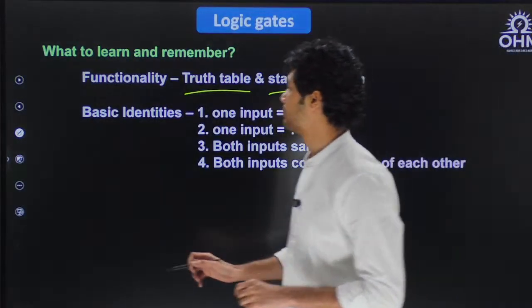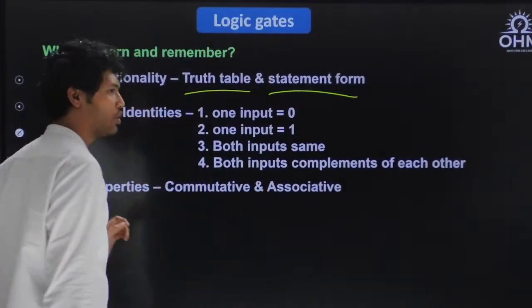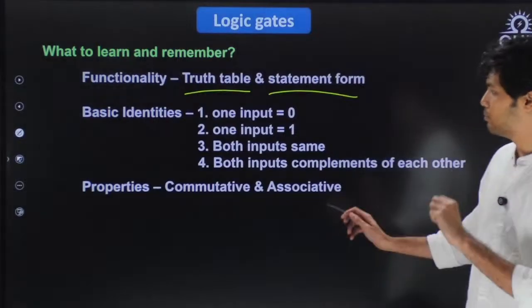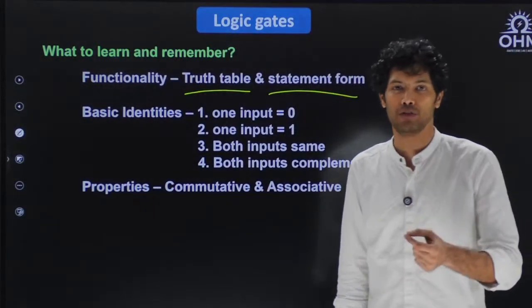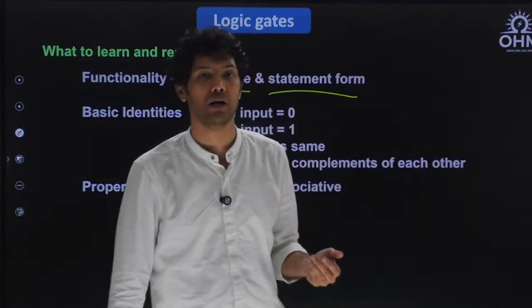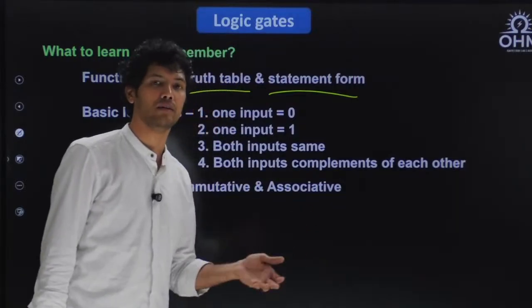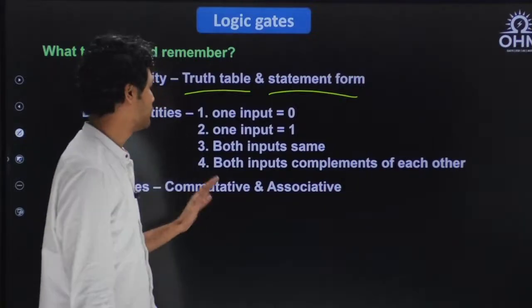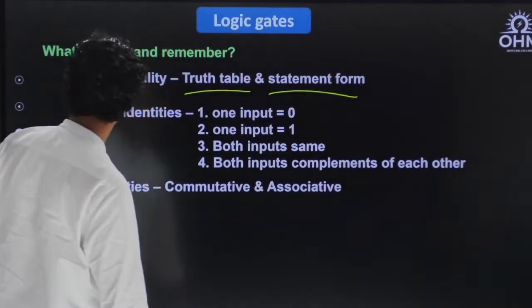Then after that you have to know the properties. It is important because we have got direct questions on properties, not just in GATE, but also in other exams like IES, ISRO, BARC, etc. Hence you also have to know the properties of every logic gate.